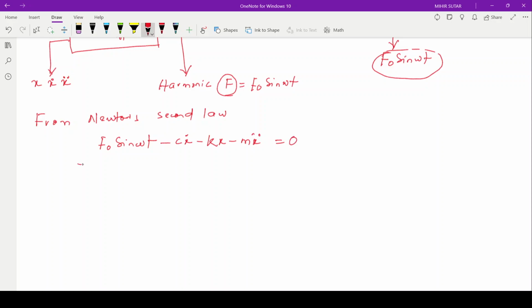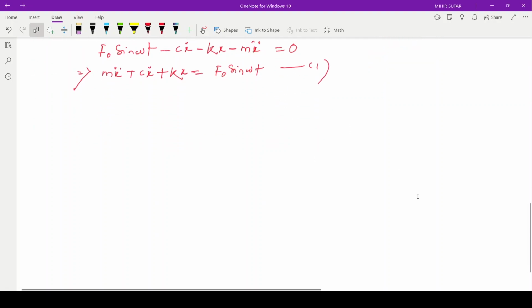Or you can say it is mx double dot plus cx dot plus kx is equal to F0 sin omega t. Let this be equation 1.